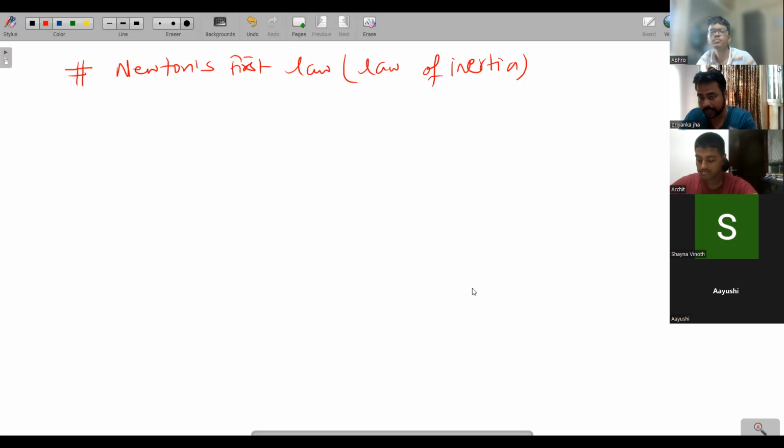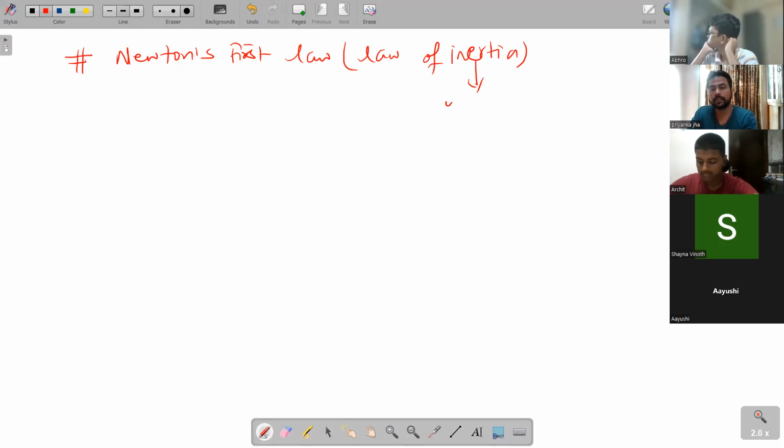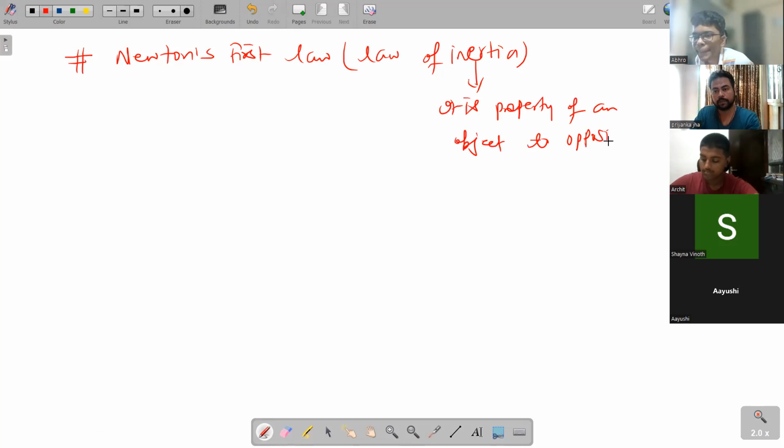Inertia is the property of any body, any object, due to which it has some resistance to change its motion. So inertia is the property of an object to oppose the change in its state of motion.